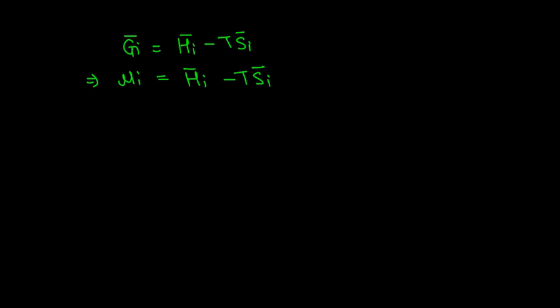Now I substitute the expression for Si bar, and what I get is μi equals Hi bar minus T, and instead of Si bar I write del μi by del T at constant P and N1 and capital N. I do a mathematical trick.